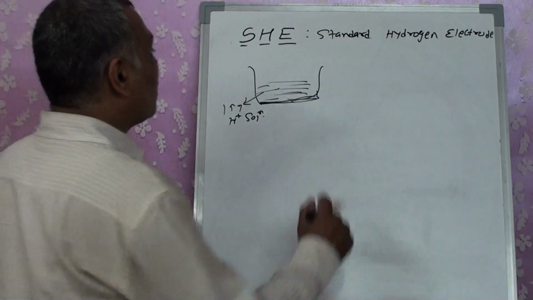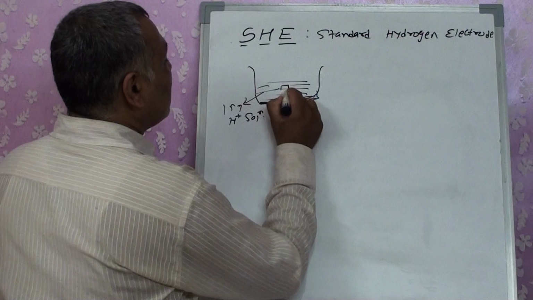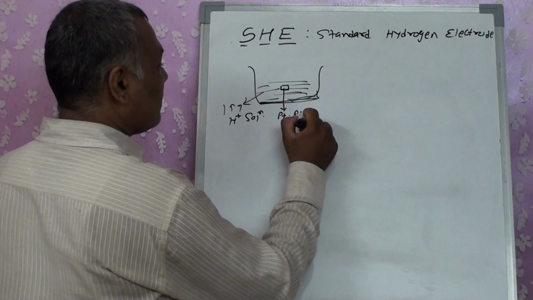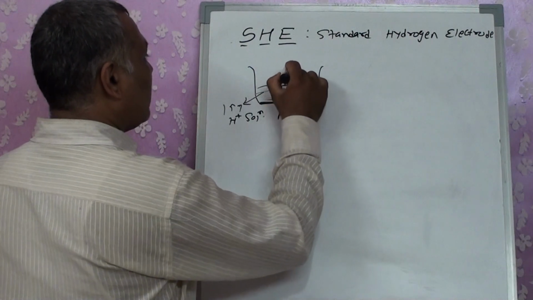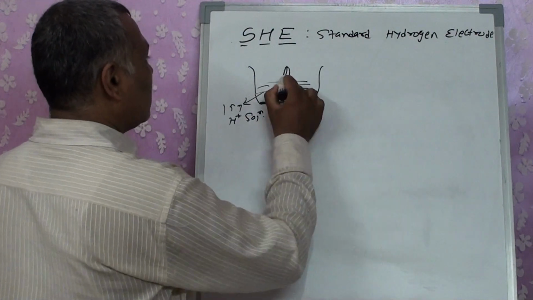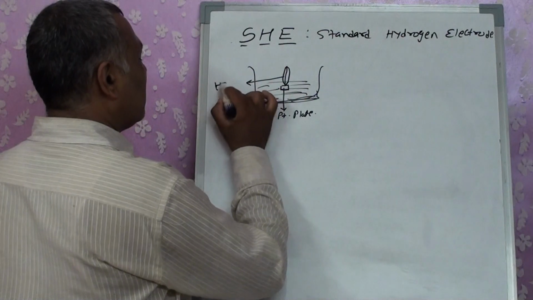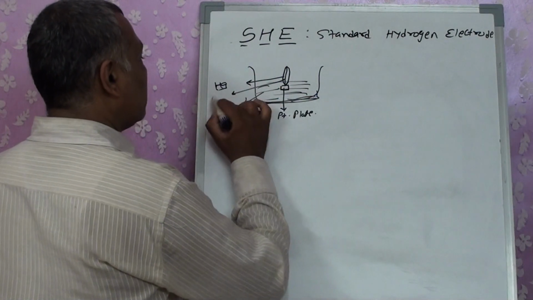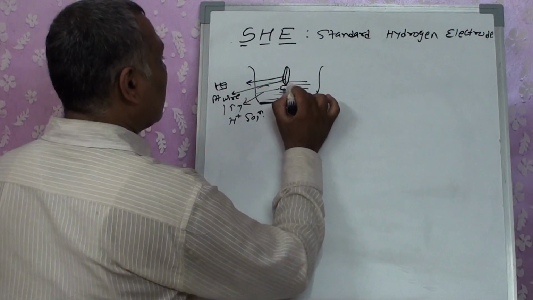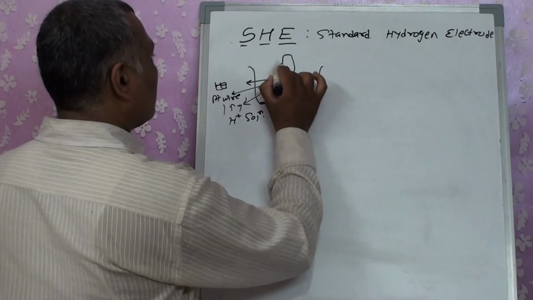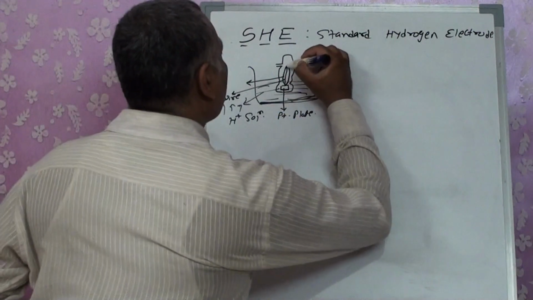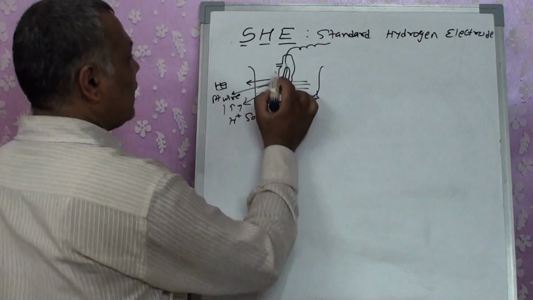In it, a platinum plate connected with platinum wire, coated with platinum black, is covered in a glass tube which is connected through a conducting wire.